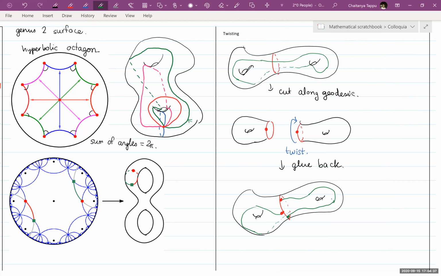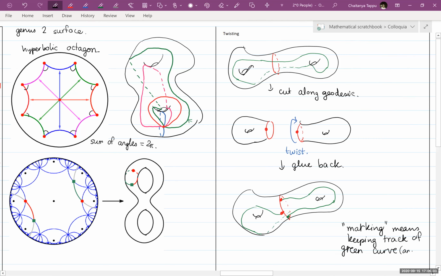Right. Keeping track of this green curve is called keeping track of a marking on the surface. Marking means keeping track of the green curve and others.